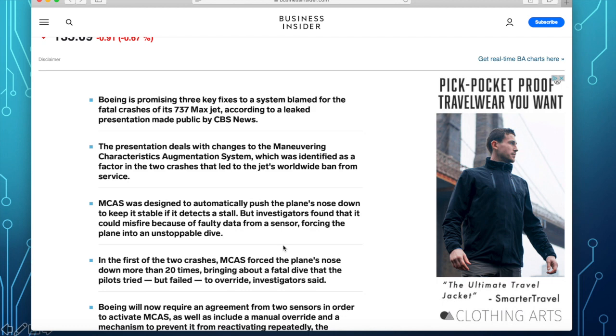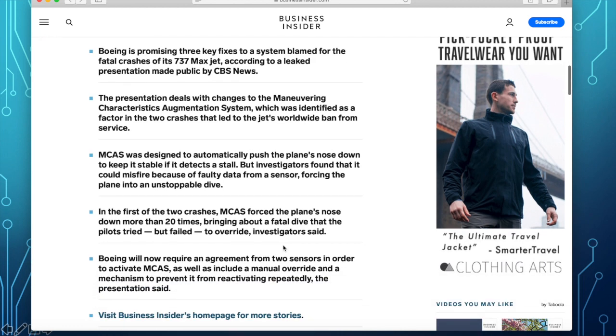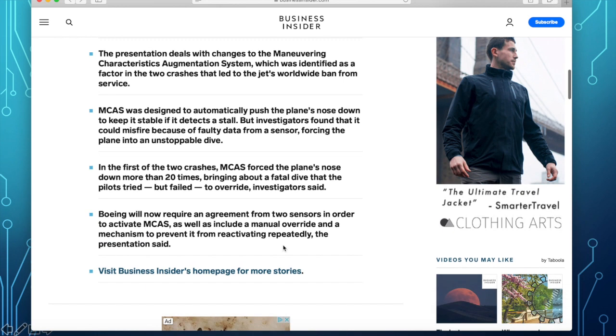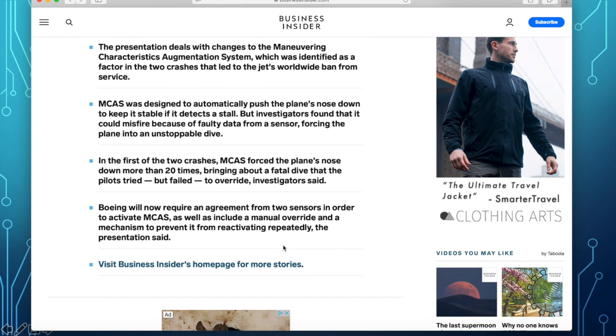So the nose was kept down to avoid the case of stalling. Okay, and in the first two crashes, the nose went down 20 times.